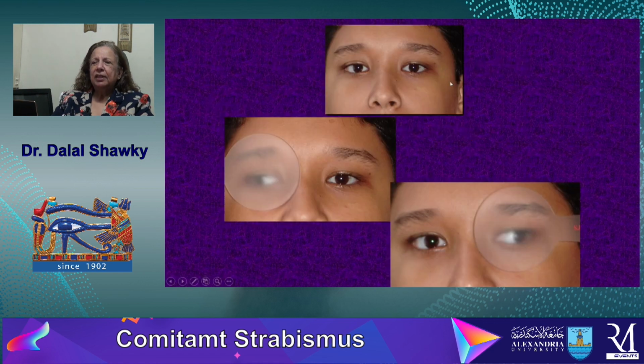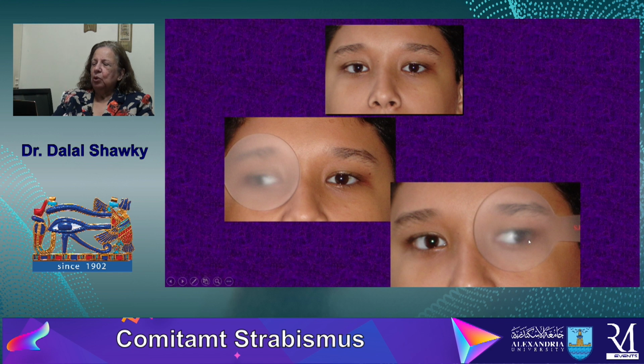The intermittent exotropia has different grades, starting with exophoria. That is, when we cover one eye with a semi-translucent cover so that the patient cannot see, but we can see the eye behind the cover, it is deviated out: exophoria.